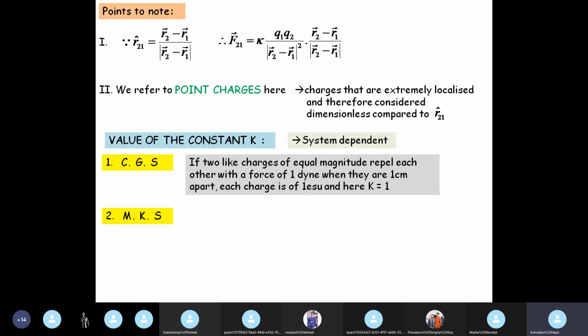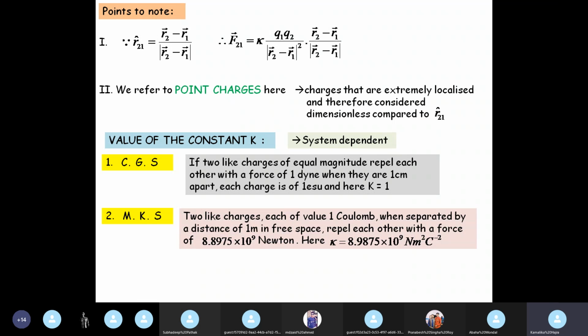In the MKS system, that is the SI units, what will be the value of kappa? Here, how do we define the value of kappa? Two like charges, each of value 1 coulomb, when separated by a distance of 1 meter in free space, they repel each other with a force of 8.9875 into 10 to the power 9 Newton. Okay.